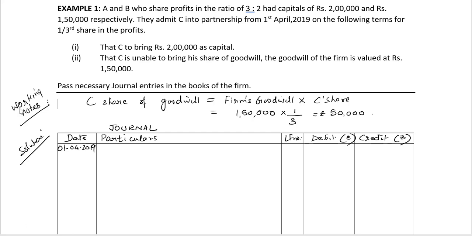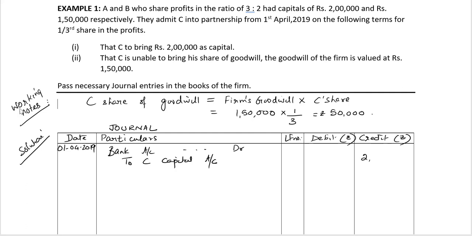We'll write the first journal entry for C bringing in rupees 2 lakh as capital. C does not bring in premium for goodwill in cash, so we will write only for capital brought in. Bank account debit to C's capital account.